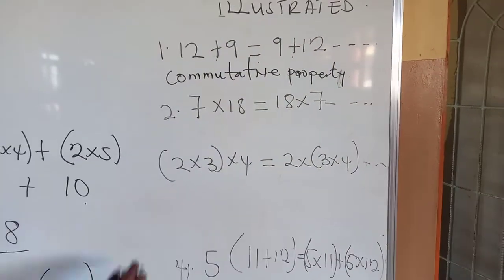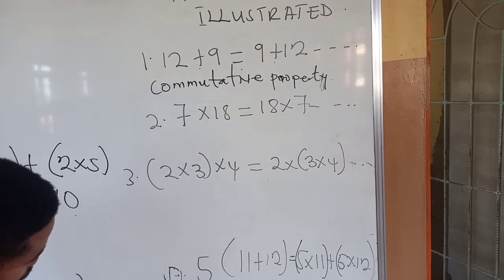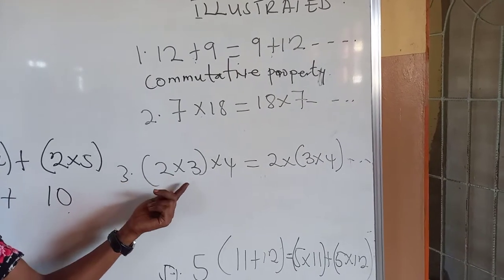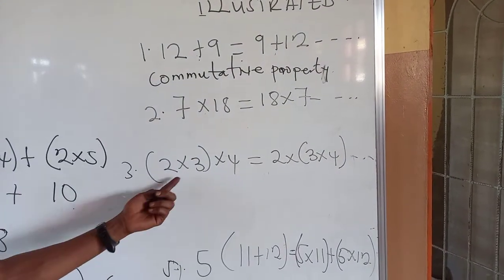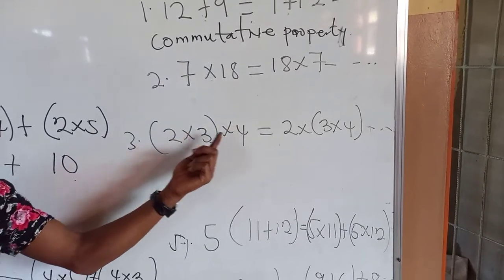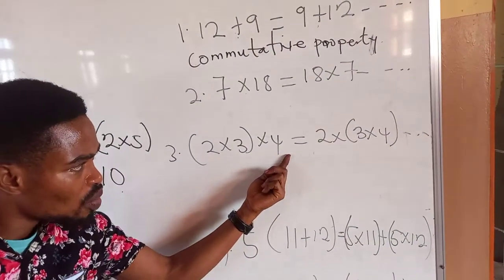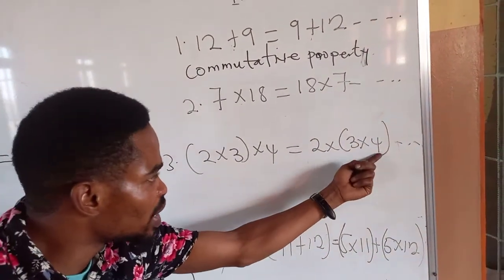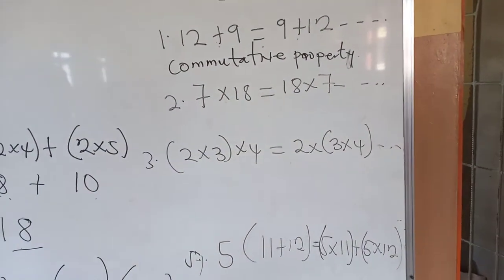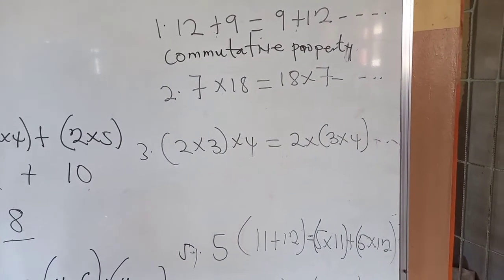Now let's move on to the next one, which is 3. Which property is this? Yes. Which property is this? Irrespective of, yes. Now there's a shift of a particular number ahead of the brackets. When we come here, that number is in the bracket and 2 is outside the bracket. So we say what? Associative property of what? Multiplication.